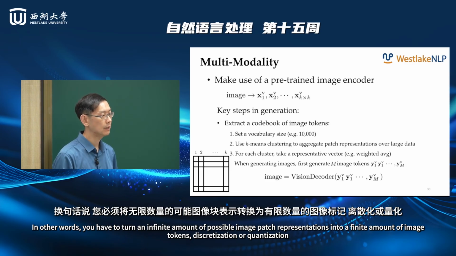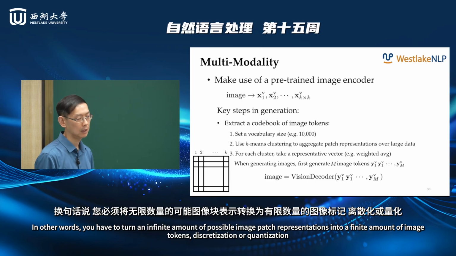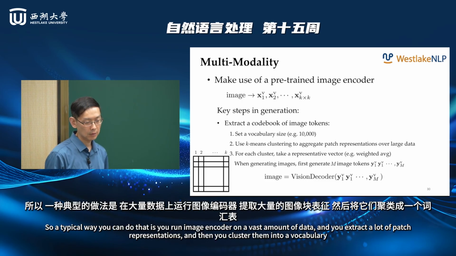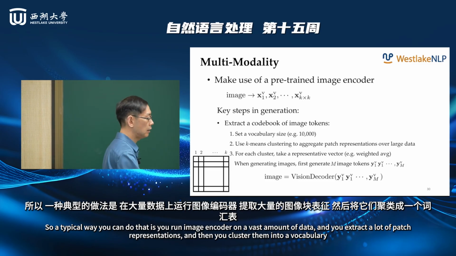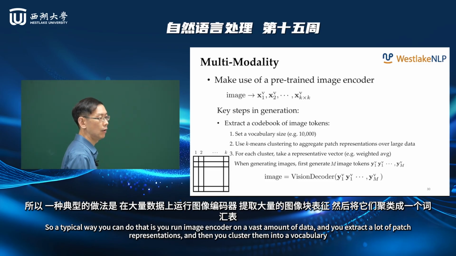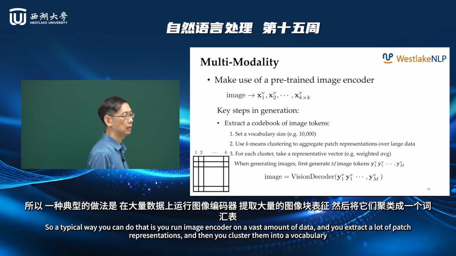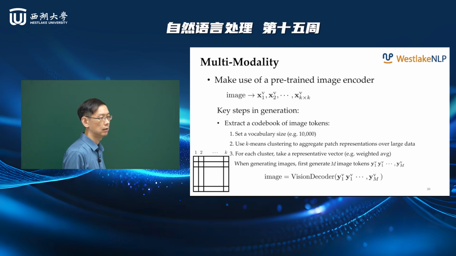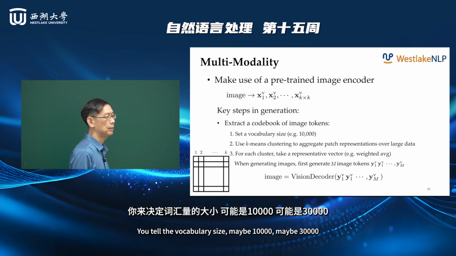Discretization, or quantization. A typical way you can do that is you run the image encoder on a vast amount of data, and you extract a lot of patch representations. And then you cluster them into a vocabulary. You decide the vocabulary size, maybe 10,000, maybe 30,000.